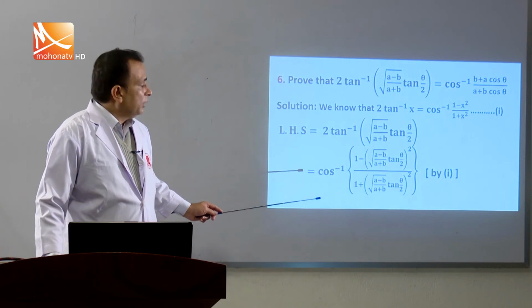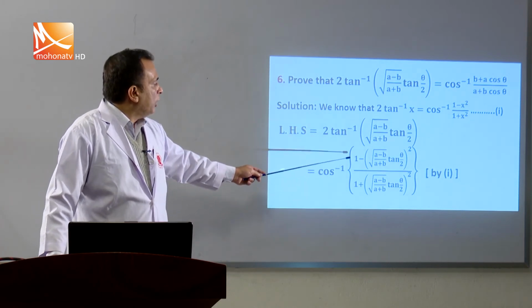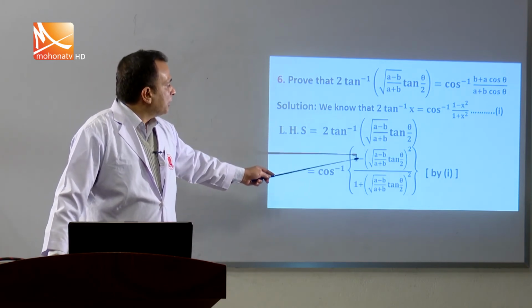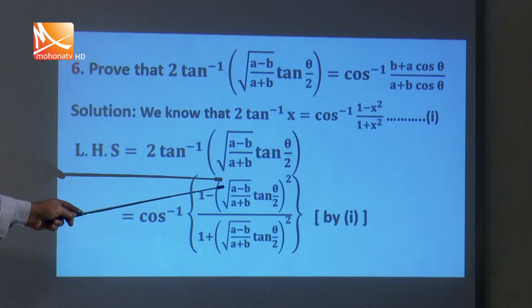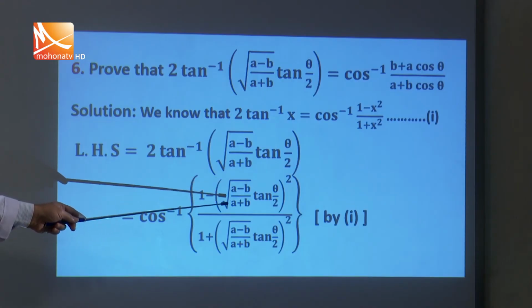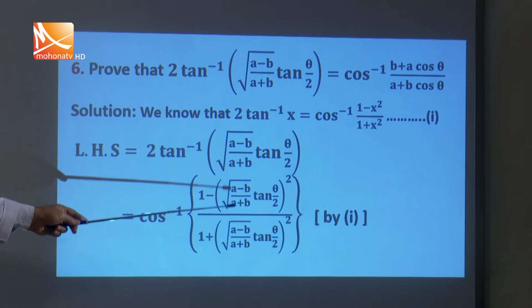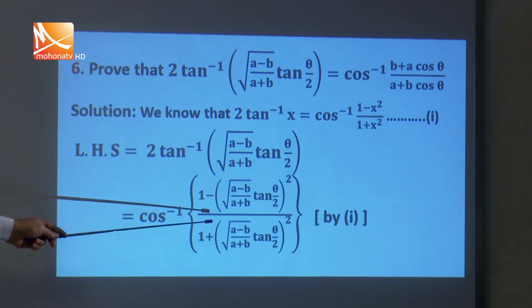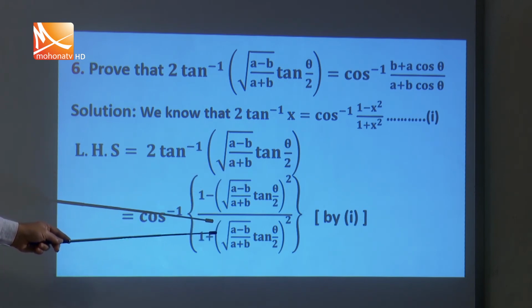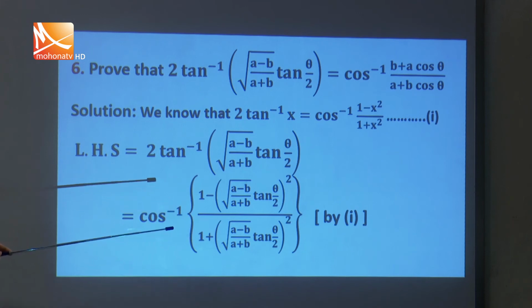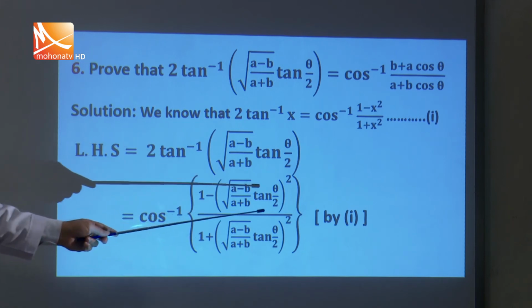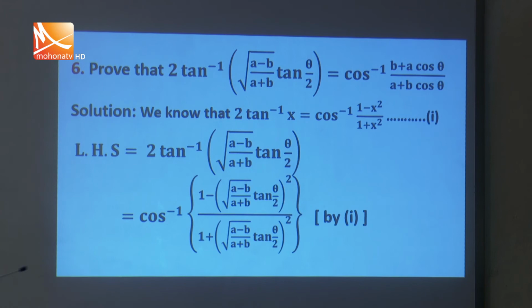So it will be cos inverse of 1 minus root of a minus b by a plus b into tan theta by 2 whole square, by 1 plus root of a minus b by a plus b into tan theta by 2 whole square. That's why we have written this by relation number 1.